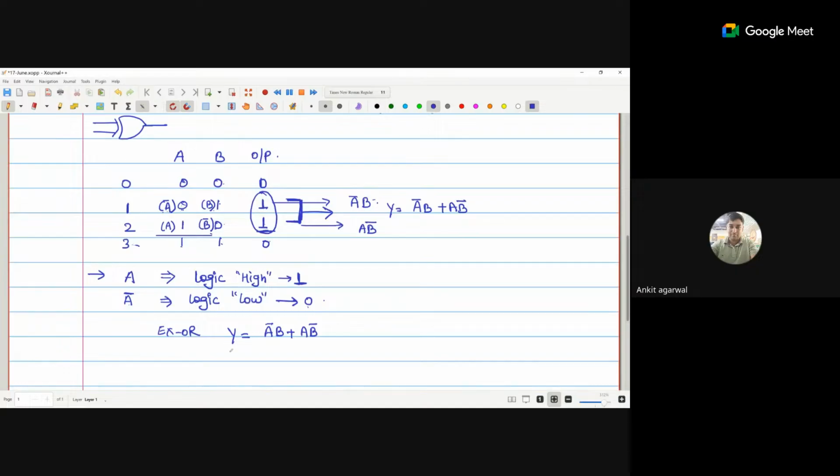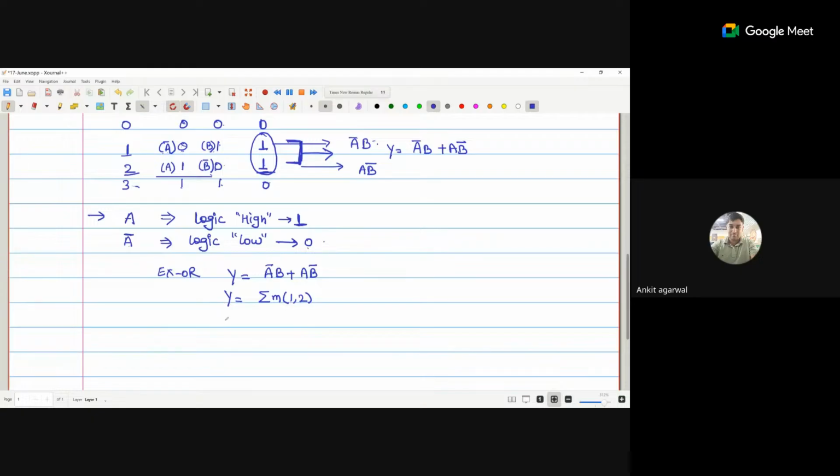So this Y can also be represented as sigma m, where the output is 1 for this one and this one. So sigma m of 1, 2. Clear? Or we can also represent Y is equal to m1 plus m2.